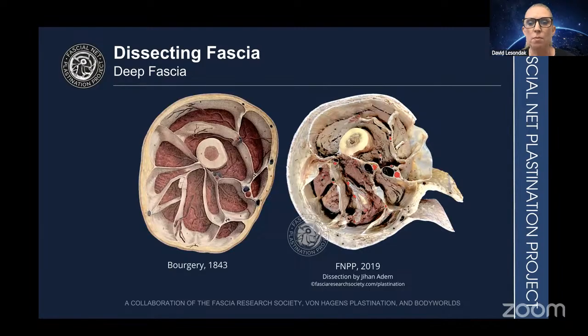This one was done by Johan Adam, a very skilled dissector, and taking it a step further, not only showed the compartments of the fascial enveloping bags of the muscles and of the entire limb, in this case of the thigh, but also reflecting layer by layer. You can see on the right side of your screen, just reflecting skin, just reflecting superficial fascia, and then you can see the deep fascia.